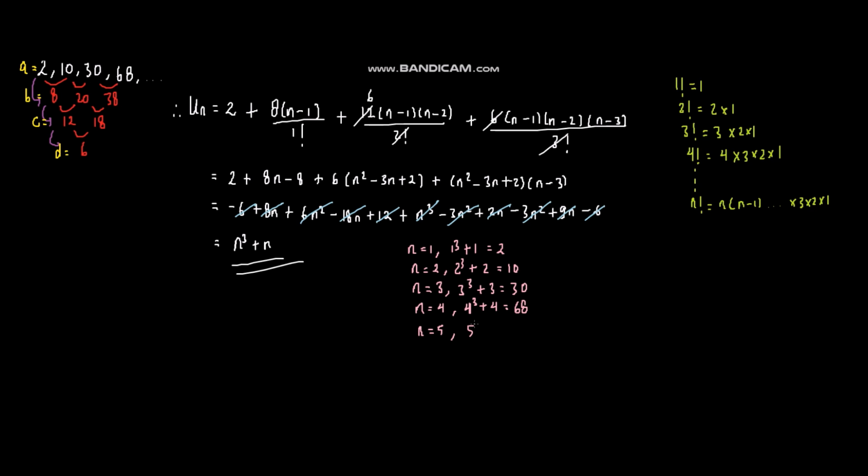It's going to be 5 cubed plus 5, which is 125 plus 5, 130. You can go on. So for example, if the question asks you to find, let's say, the sixth term, what is the sixth term? You can just directly plug in n equals 6 into this formula, and you'll get it.